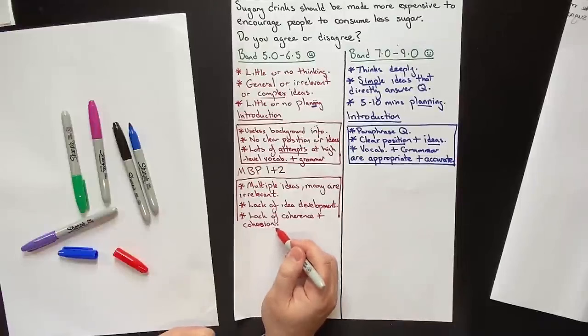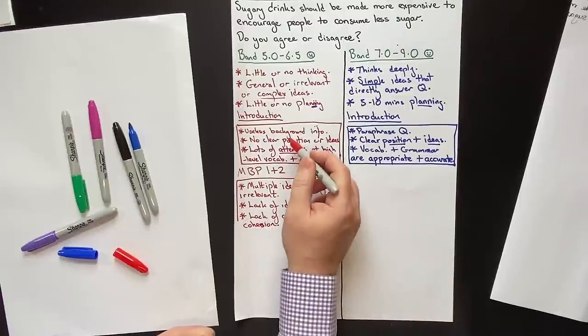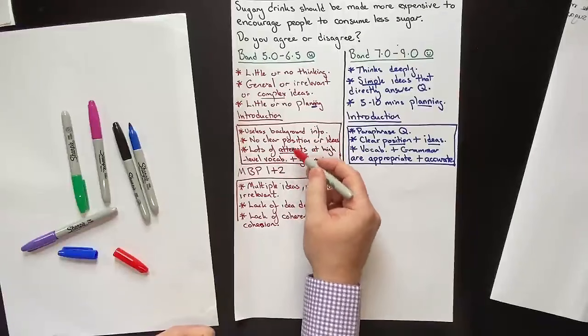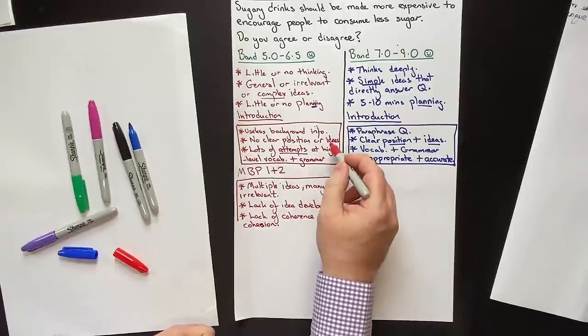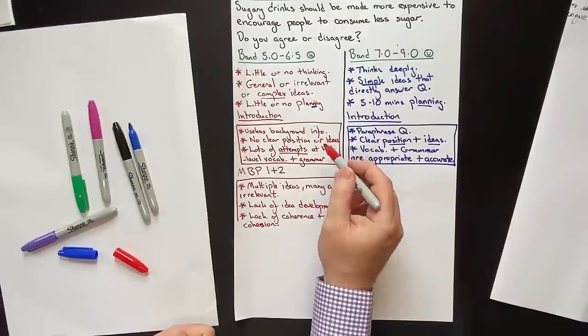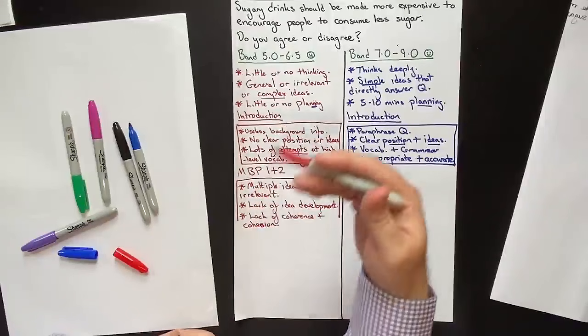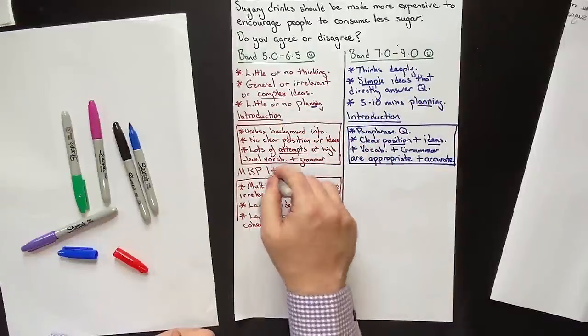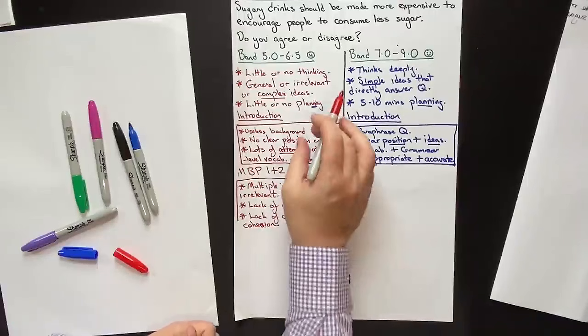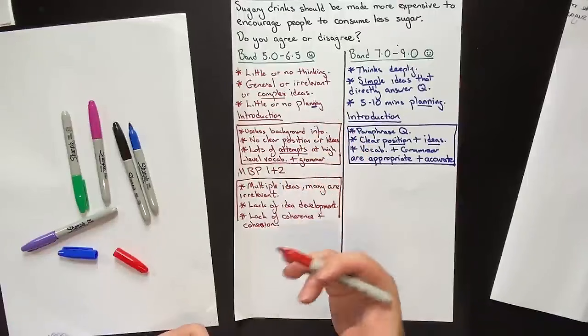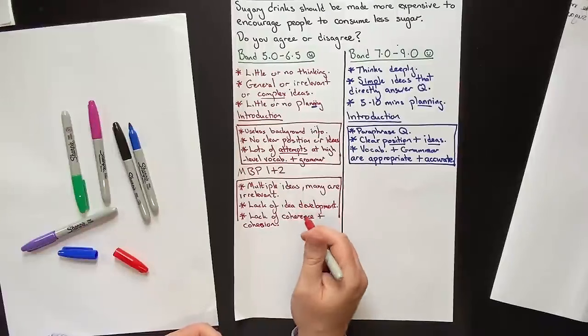Cohesion means that do the elements in your introduction and your main body paragraphs, do they link together? Do your ideas in the introduction, for example, match up with your ideas in the main body paragraphs? Your introduction should introduce your main ideas. Your main body paragraph should take those same ideas and develop them and talk about them in detail.